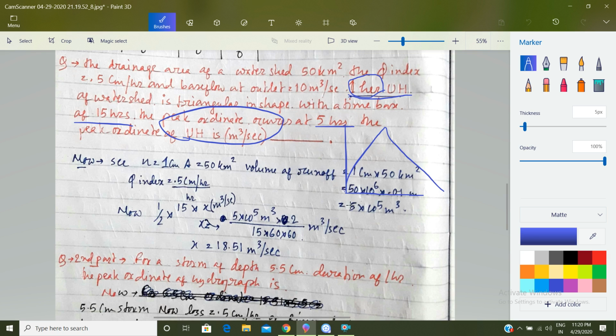So this one is of 15 hours. And the time of precipitation was 1 hour, isn't it? Now the peak ordinate occurs at 5 hours. The peak ordinate of the unit hydrograph needs to be measured.